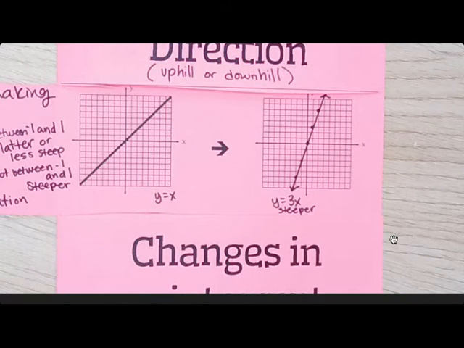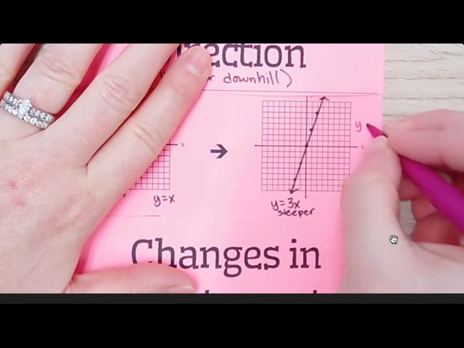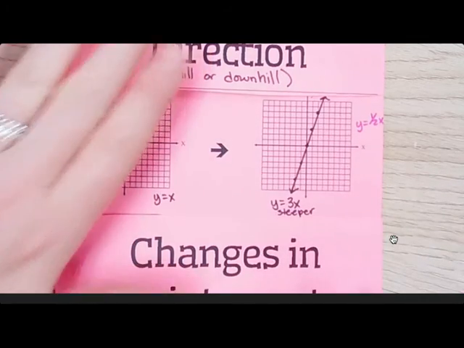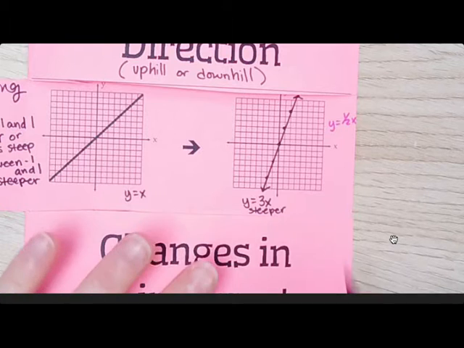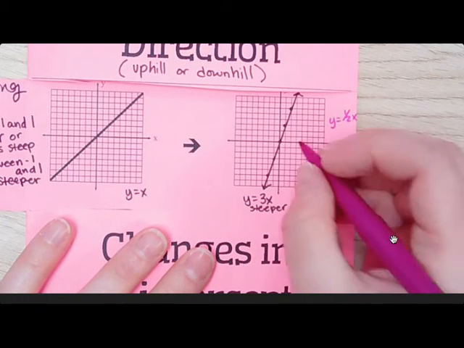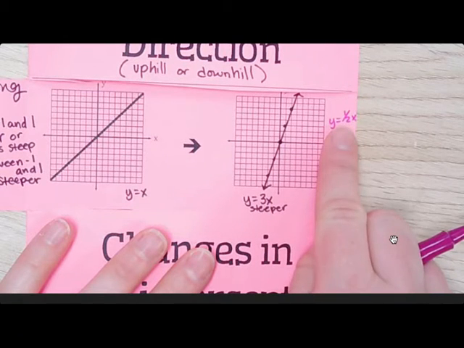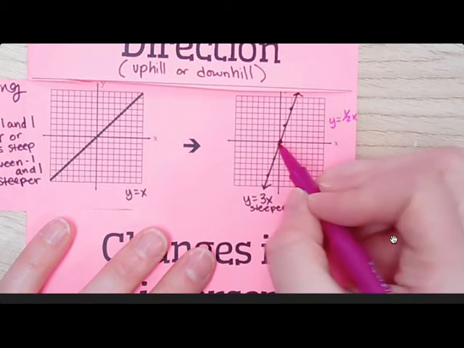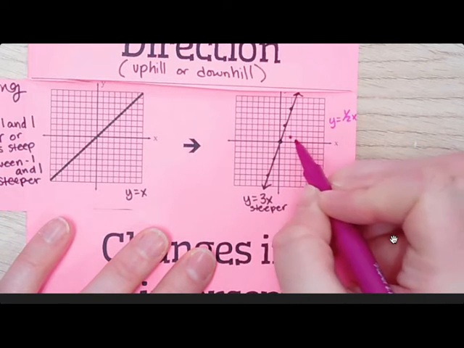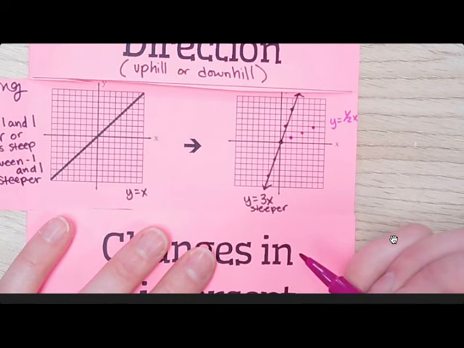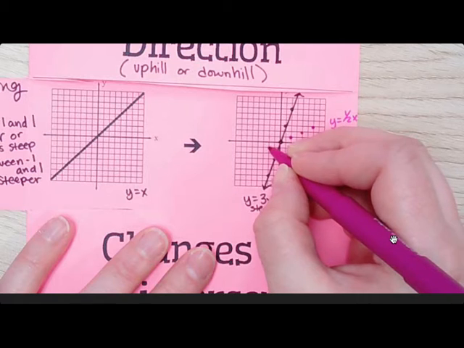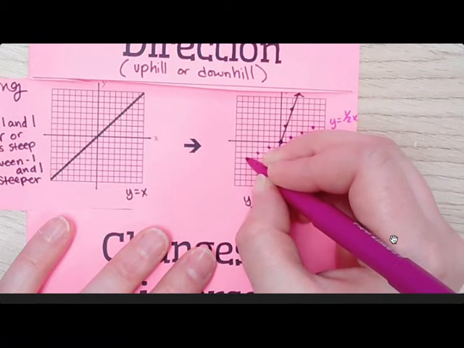I'm going to get another color and do another one on here. Let's say it's y equals half x. Our y-intercept is the origin again, but this time we are going to go up 1 over 2, up 1 over 2, and down 1 over 2, down 1 over 2.